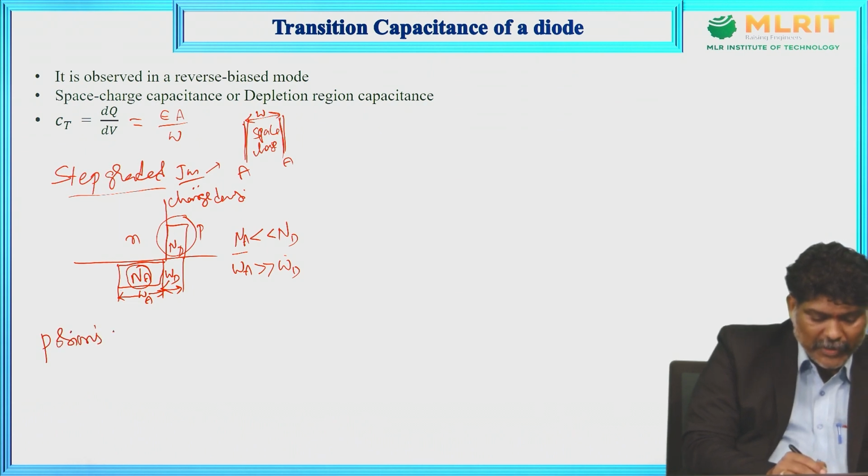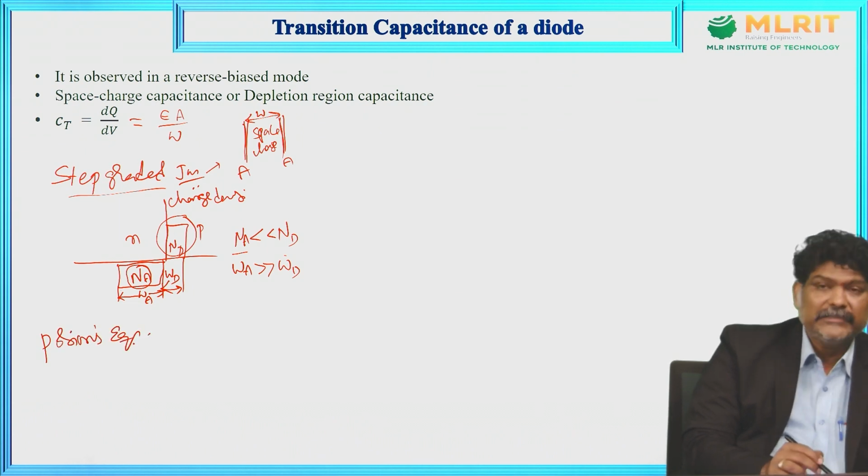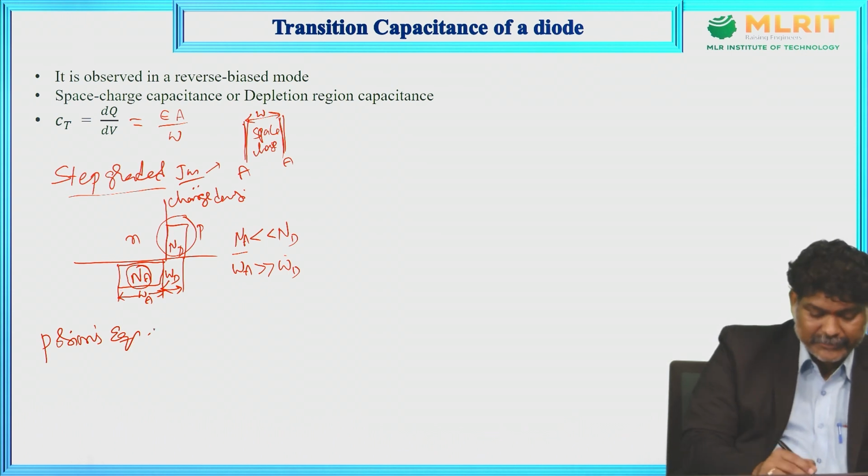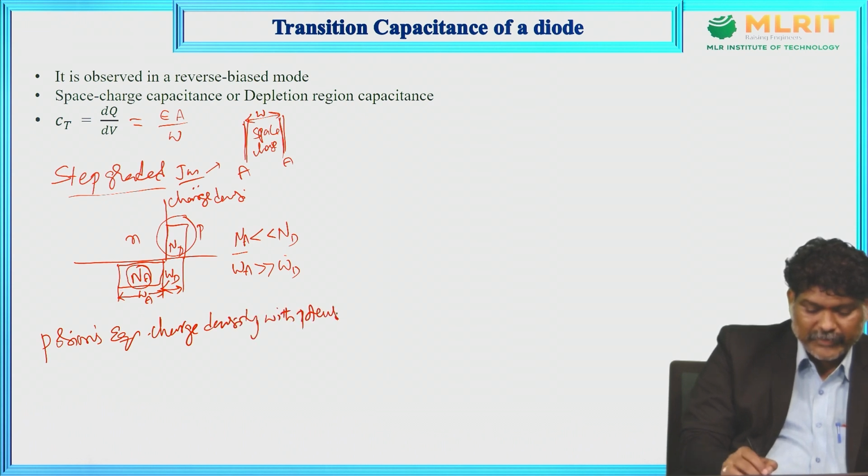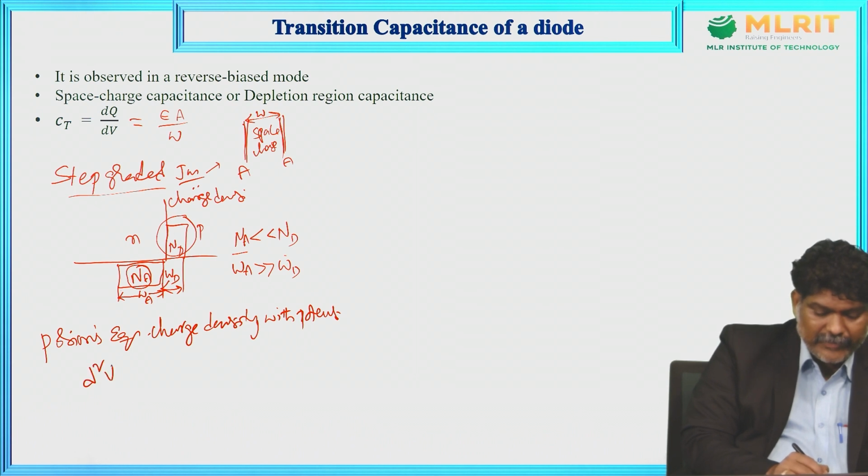Coming to Poisson's equation, which relates the charge density with potential, it is given by d square V by dx square. This is x. The concentration changes along x like this.